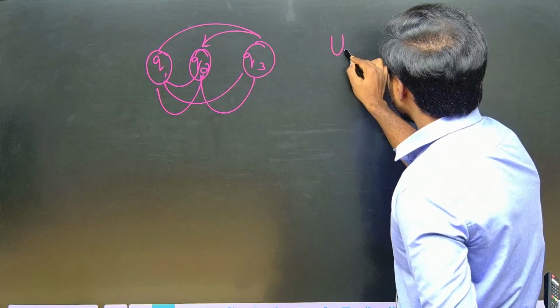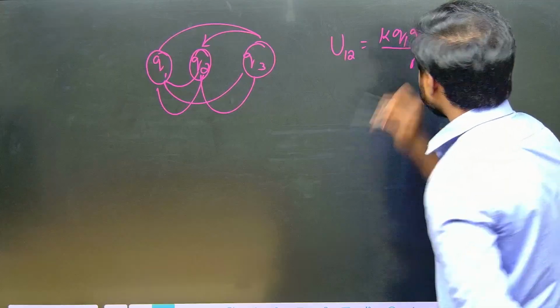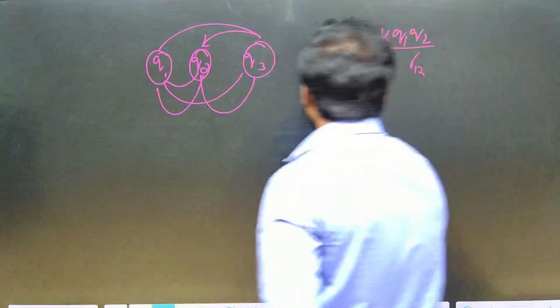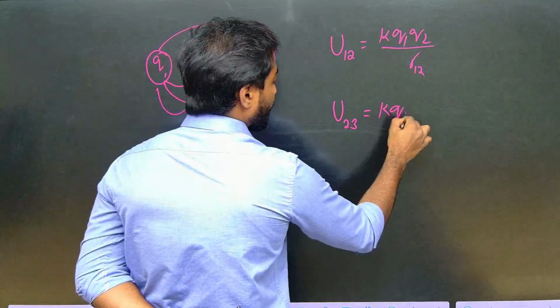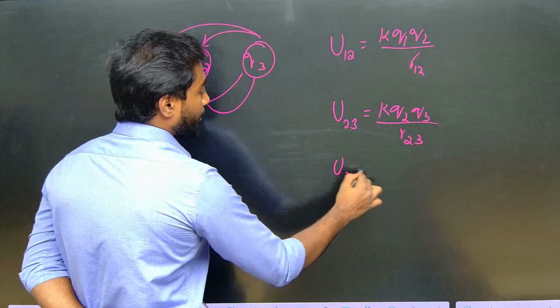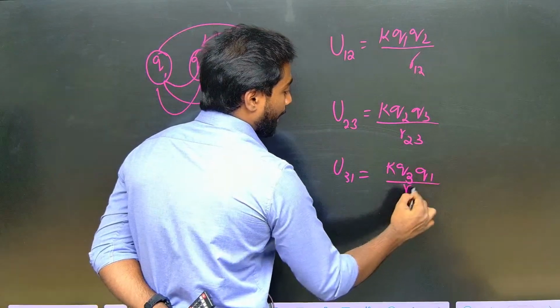So the potential energy due to 1 and 2 will be k q1 q2 by r12, U23 will be k q2 q3 by r23, and U31 will be k q3 q1 by r31.